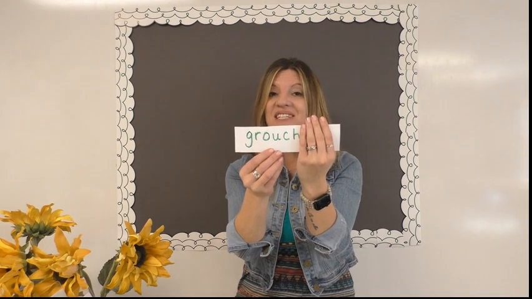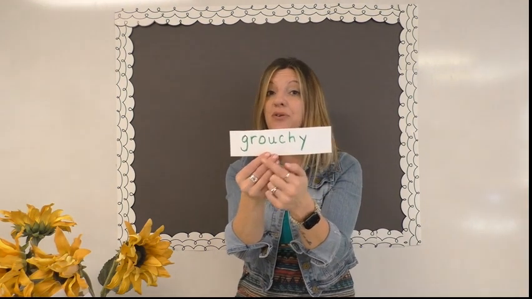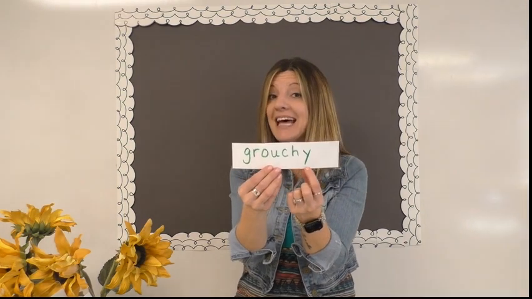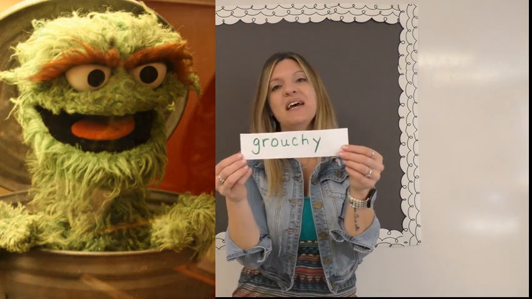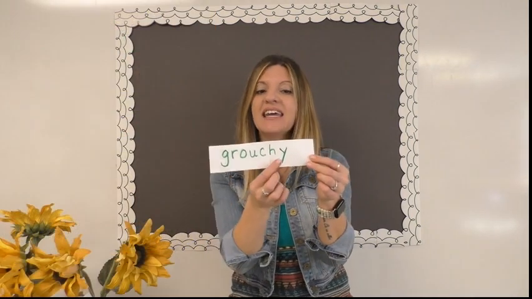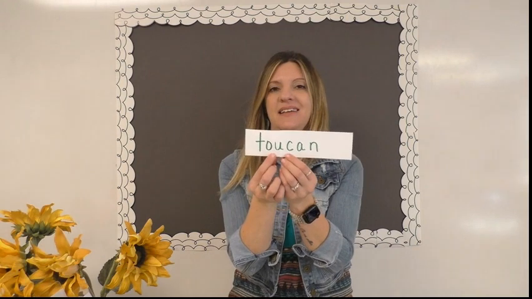And I know that if something is like it, I add a y. So if you are grouchy, you are like a grouch. Grouchy. So sometimes I don't even need to divide. I can just recognize that I have a suffix. Okay, one more. How about this?